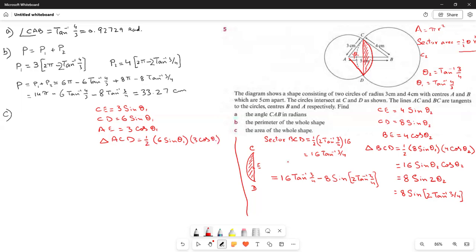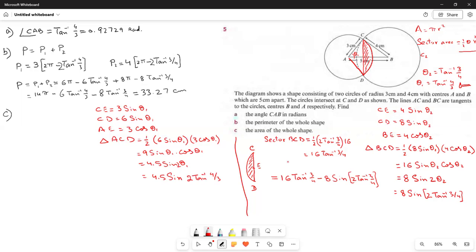I can simplify it a little bit. It will become 9 sine of theta 1 into cosine of theta 1. So I can write it as 4.5 and sine of 2 theta 1. You remember it is this angle, so it is 2 times tangent inverse 4 by 3. So this is my triangle ACD.